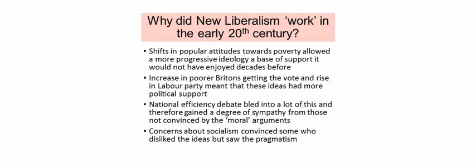As well as this, as already mentioned, national efficiency debate helps people who don't necessarily believe in the moral argument that poor deserve to be helped. They will support new liberalism because they see it as a way to get national efficiency. Okay, and there are some middle class people who hate the idea of giving poor people stuff, but are so worried about socialism that they go, you know what, I'd rather have new liberalism and a little bit of socialism, as they saw it, and that would stop there being actual socialism.